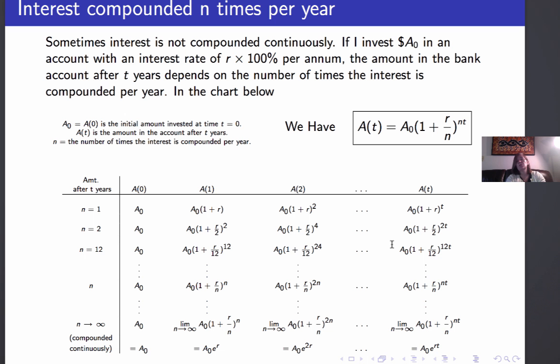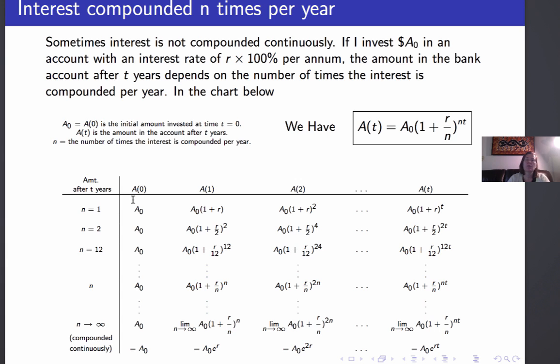Now, sometimes interest is not compounded continuously, and if I invest an initial amount A0 in an account with an interest rate of R times 100% per annum, the amount in the bank account after t years will of course depend on the number of times the interest is compounded per year.